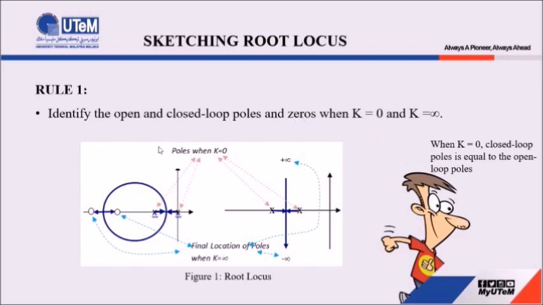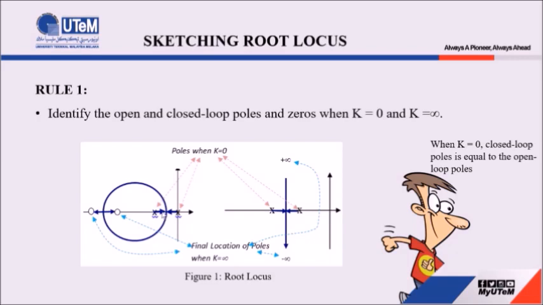Let us look at these two examples. In this example we have 2 poles and 2 zeros for the system. Referring to the definition of a root locus, all the loci start from the poles when k equals 0. So at this point k equals 0. When k is varied, the location of this pole will change to another location. This one will move to here, and this one is here.